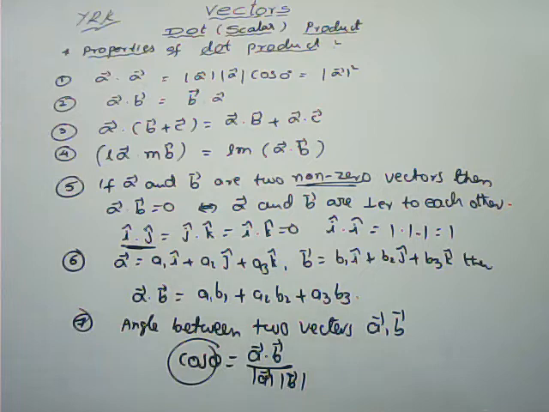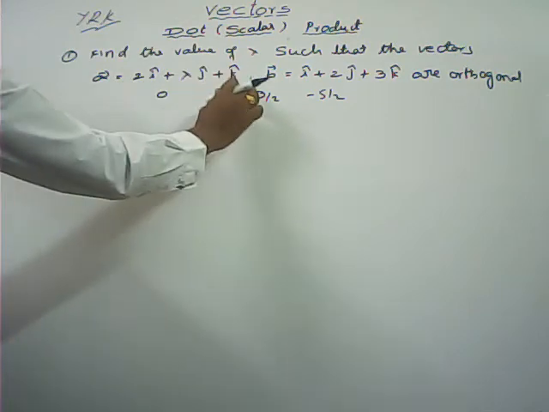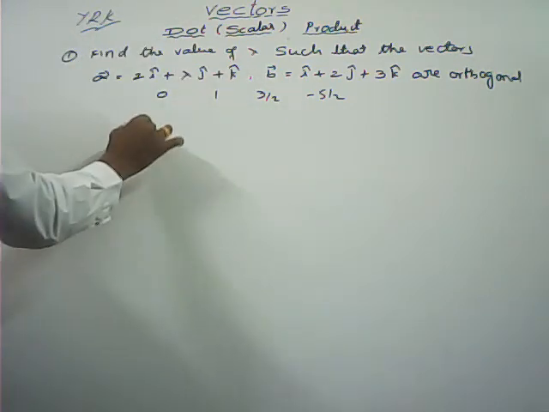Now here we can discuss some problems related to this concept. Find the value of lambda such that the vectors a bar and b bar are orthogonal. Orthogonal means both are perpendicular to each other. If any two vectors are perpendicular, their dot product is equal to 0.